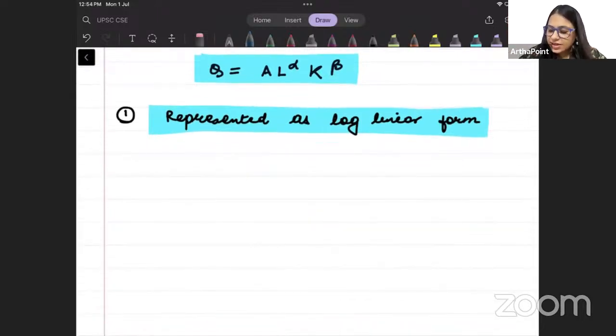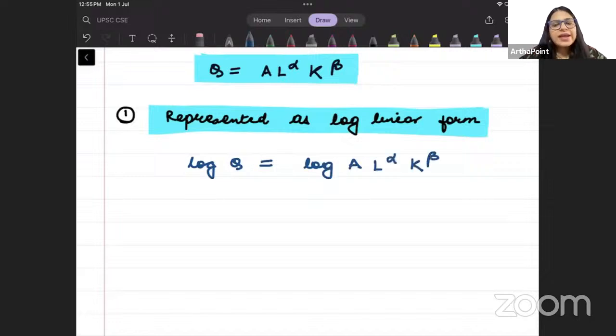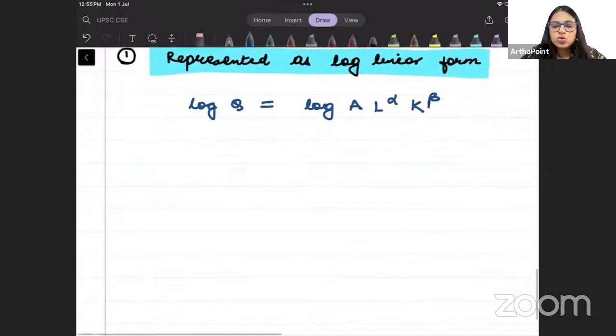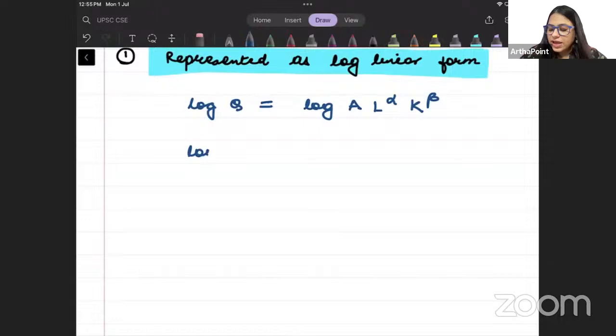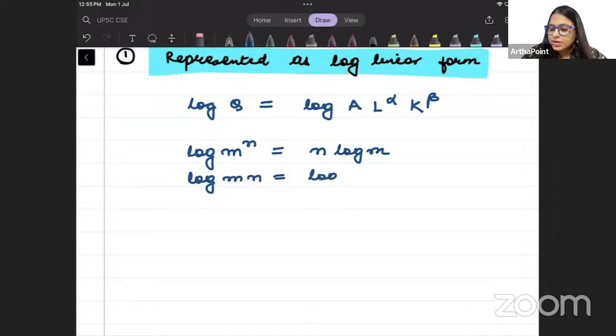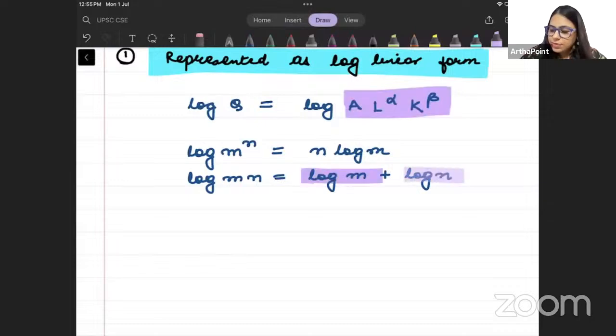What I can do is take log on both sides. So I will get log Q is equal to log A, L to the power alpha, K to the power beta. And I can use the property that whenever we have log M to the power N, it is N log M. And whenever we have log M into N, it can be written as log M plus log N. मतलब here, because these are getting multiplied, so I can just open them up.